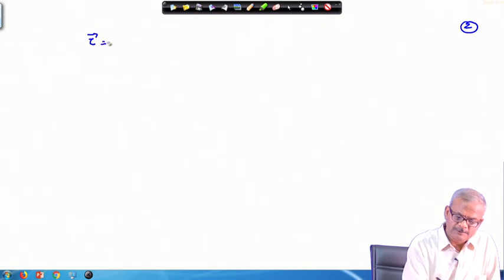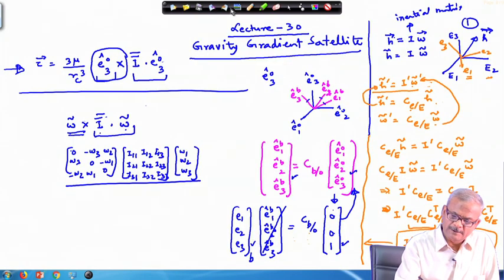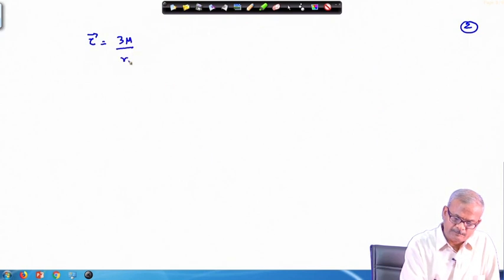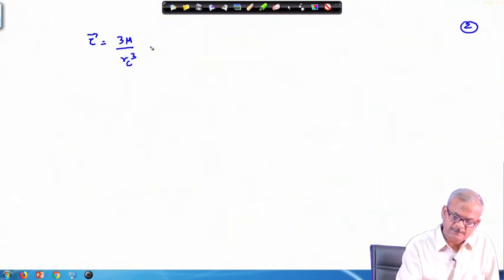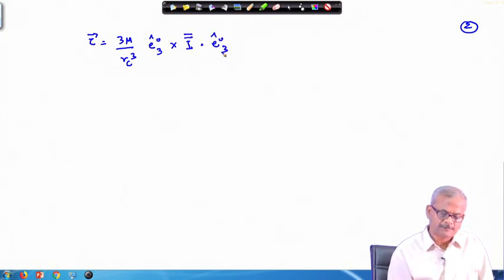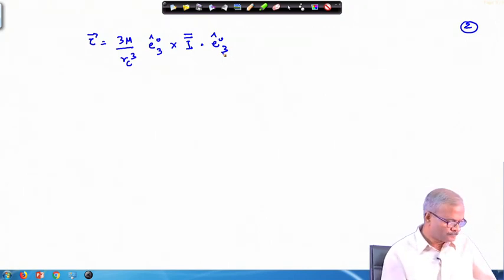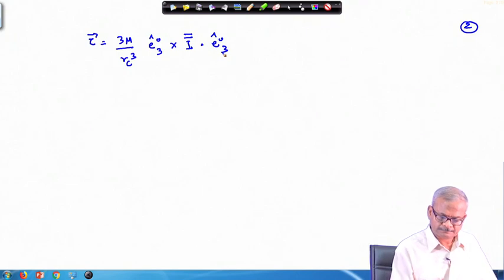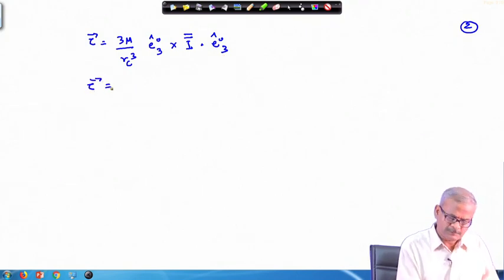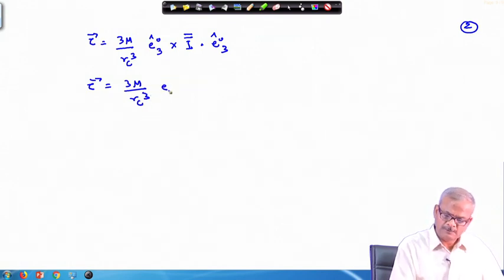So, we have tau equal to 3 mu by R c cubed, then this part I double bar dot O 3.